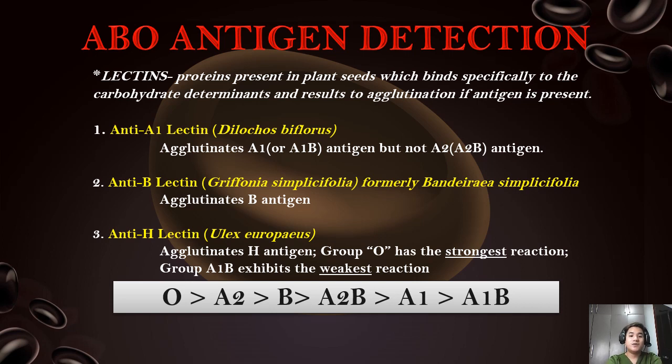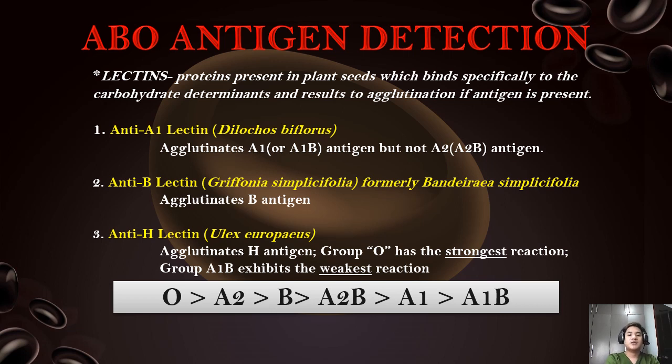We also have anti-B lectin that agglutinates B antigen and anti-H lectin that agglutinates H antigen. Your anti-A1 is from the plant Dolichos biflorus. Your anti-B is from Griffonia simplicifolia, formerly known as Bandeiraea simplicifolia, while your anti-H is from Ulex europaeus.